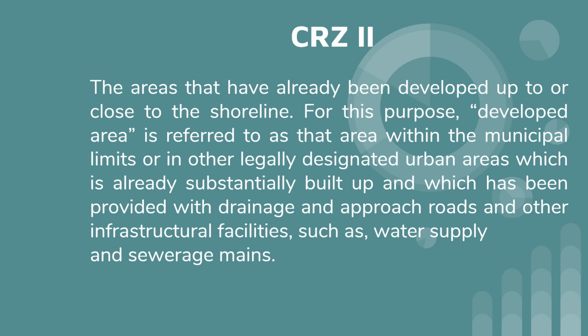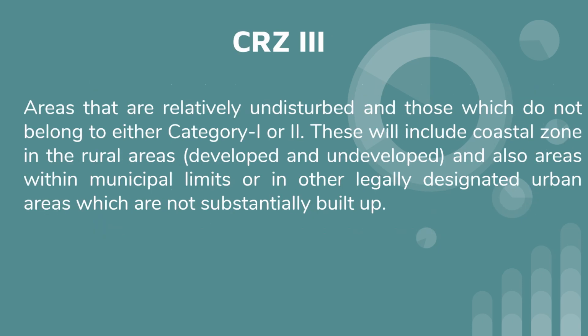And the next is CRZ 3. These are areas that are relatively undisturbed and which do not belong to either category 1 or category 2, that is CRZ 1 or CRZ 2. So they will include coastal zones in the rural areas, developed and undeveloped, and also areas within municipal limits or in other legally designated urban areas which are not substantially built up.